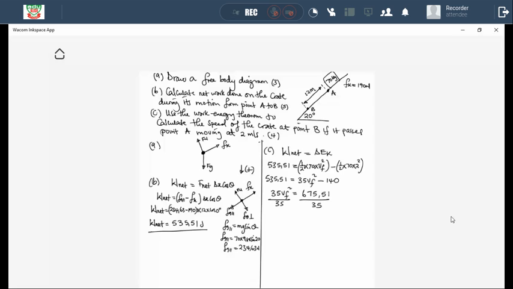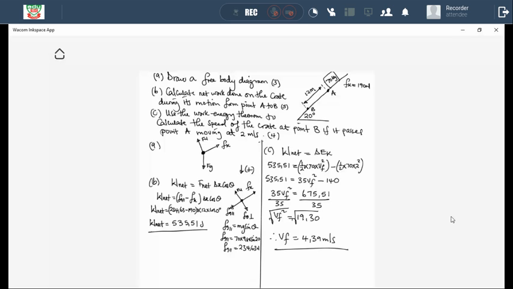So vf squared is equal to this one divided by 35. I'm getting 19,30. Take the square root. Therefore, vf is equal to the square root of 19,3, which is 4,39 meters per second. So that is the speed of the block at point B.